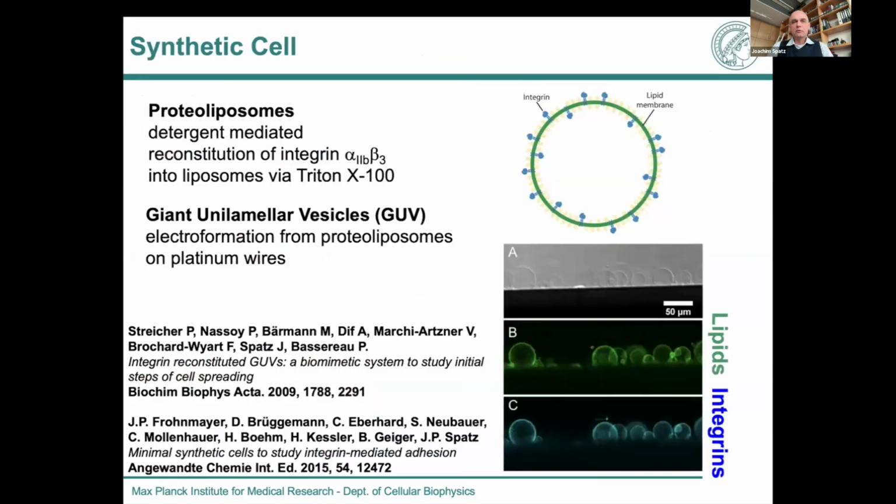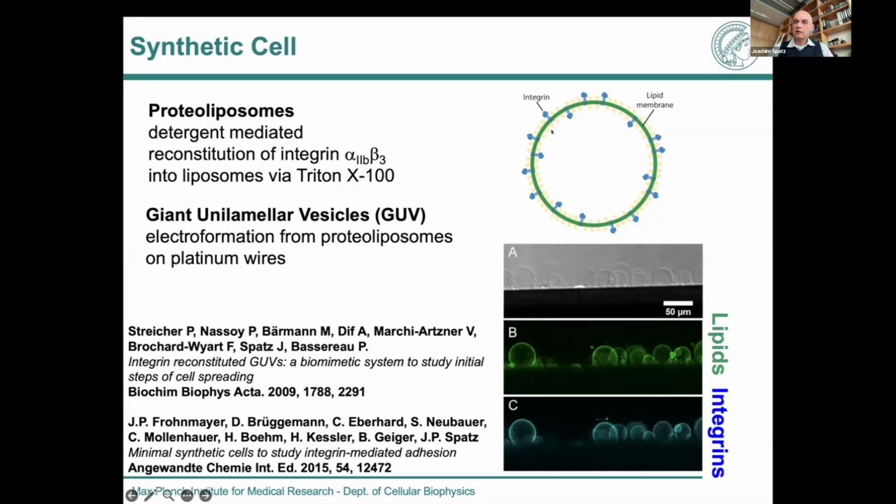But now let's come to the science. We have tried to build synthetic cells for more than 10 years, and we started with a very traditional biochemical approach: taking lipids which form a giant unilamellar vesicle, and then including transmembrane receptors via fusion with small vesicles.